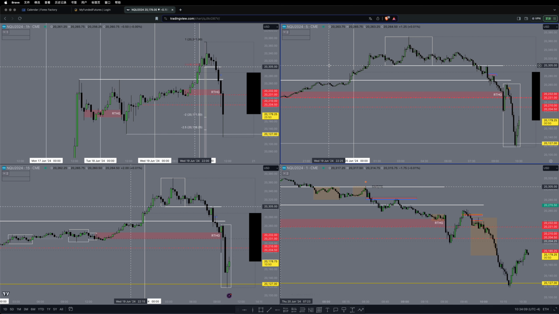But what happened was, I traded the model until like the end of 2023 or spring 2024, and it just kind of stopped working. Not that it stopped working, but it just wasn't forming as much as it used to.